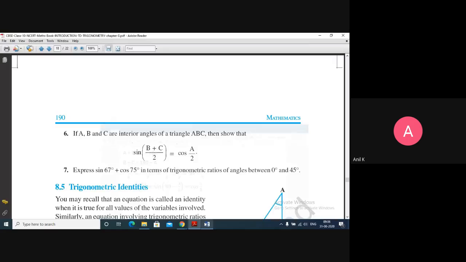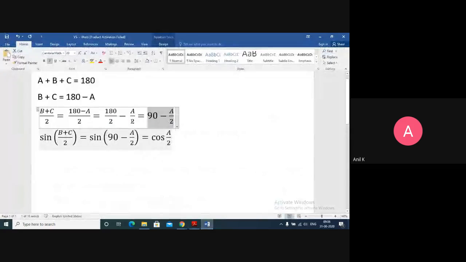So here I want sine of B plus C by 2. Now I know B plus C by 2 is an angle. 90 minus A by 2 is also an angle. So if I find the sine values of both the angles, then the corresponding values will also be equal. If angles are equal, then the trigonometric values will also be equal.